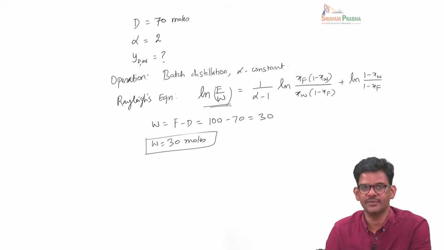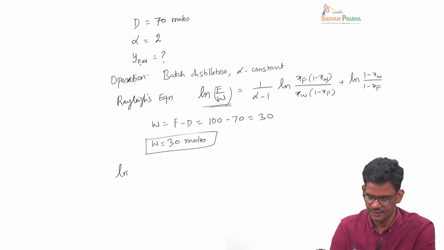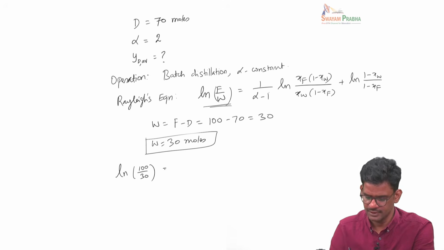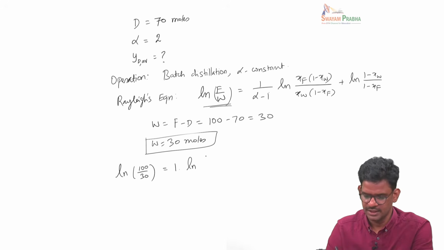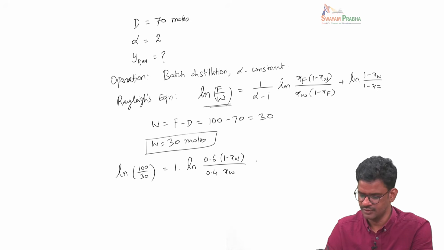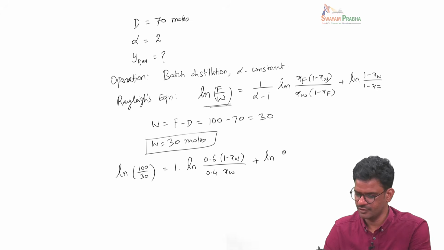So let us write down all the things that we know. We say ln of 100 by 30 for F by W, and alpha is 2. So alpha minus 1 is 1, and the prefactor is just 1. Then we have ln of 0.6 times (1 minus XW), over 0.4 times XW, plus ln of (0.1 minus XW) by 0.4.